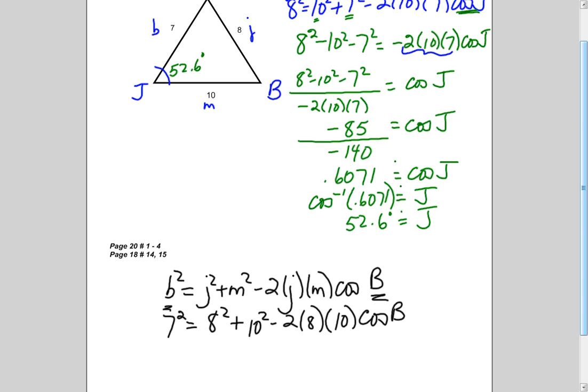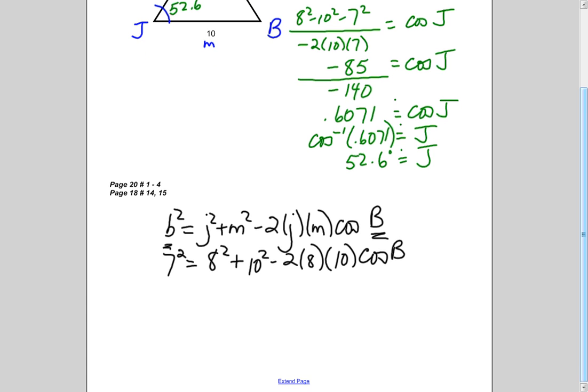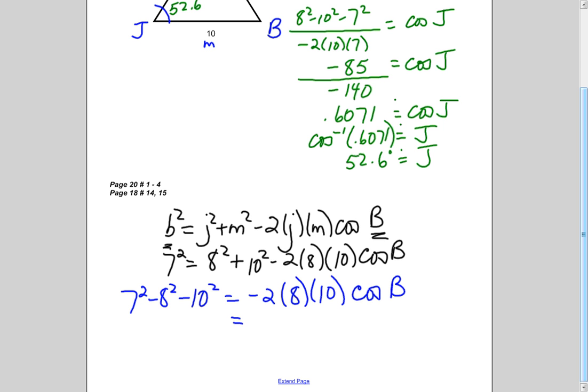Following the same order, getting rid of the add-ons from both sides first, I'm going to do 7 squared minus 8 squared minus 10 squared equals, and now the minus 2, the 8, and the 10, which are multiplying by cos B. I'm going to divide both sides by negative 2 times 8 times 10.